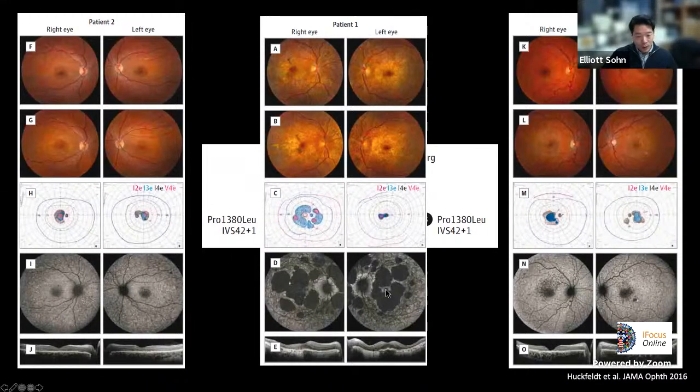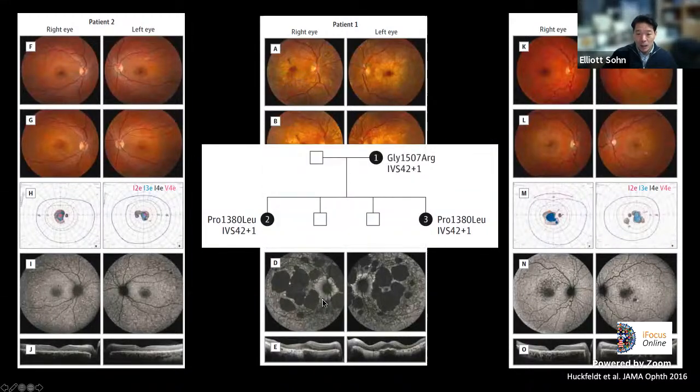So it looks like the fovea is relatively intact, but there are certainly these big swaths of decreased autofluorescence with some little dots of decreased autofluorescence in the periphery, in the posterior pole. The other thing you'll notice on the fundus photos, as well as the autofluorescence, is the peripapillary sparing, which is a key feature of Stargardt disease.